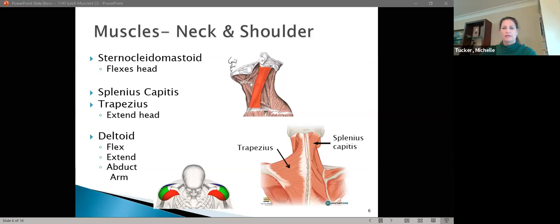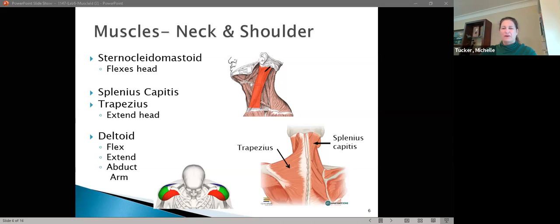So sternocleidomastoid, so for these muscles, you need to be able to identify them by name and also by their action. So if you were given a picture of like this and said, identify the muscle in red, you would need to be able to identify this muscle as sternocleidomastoid. And we'll go over it in the torso and another anatomy video.